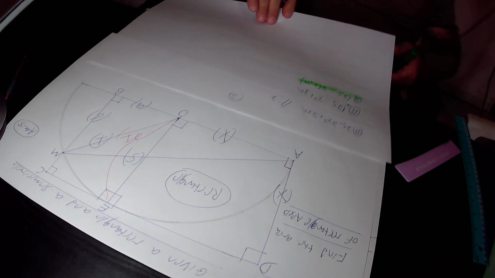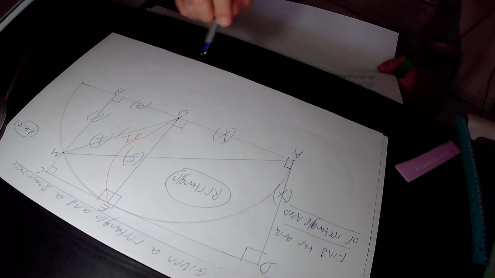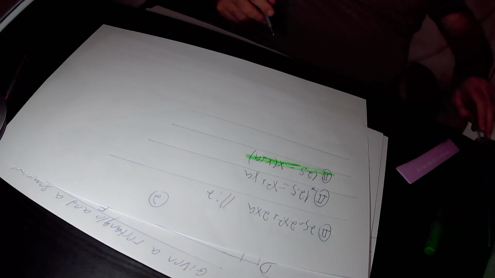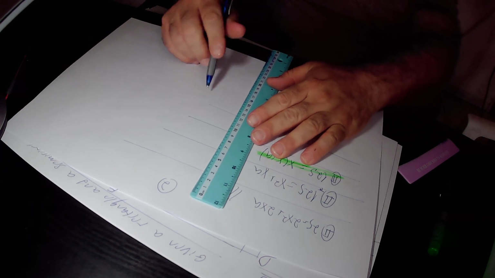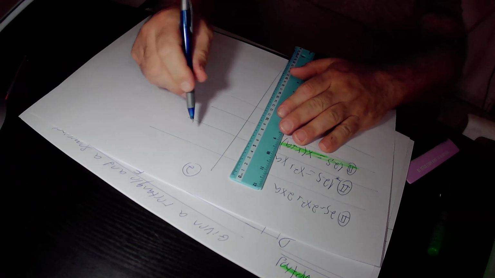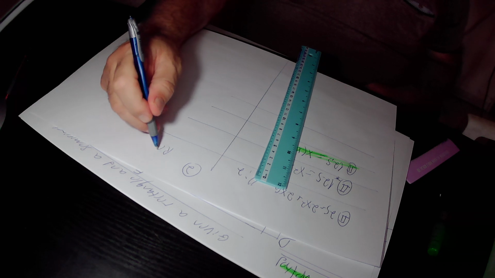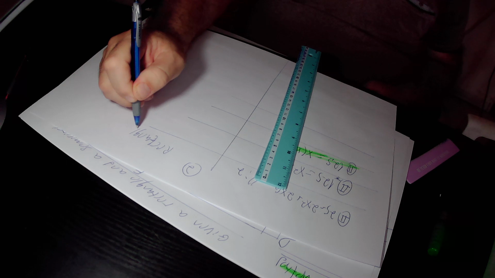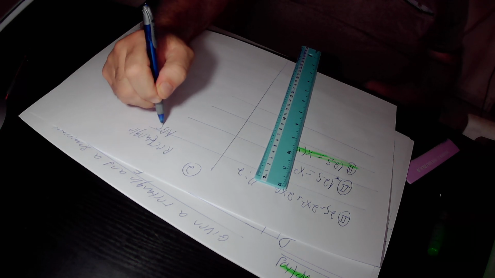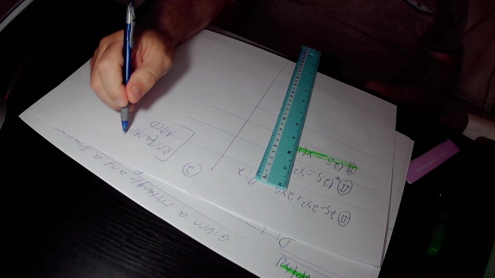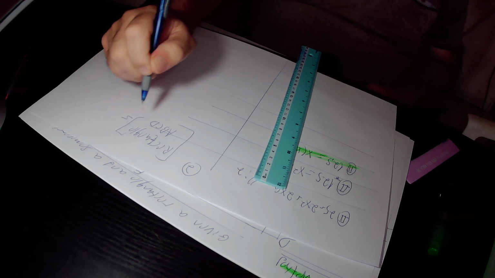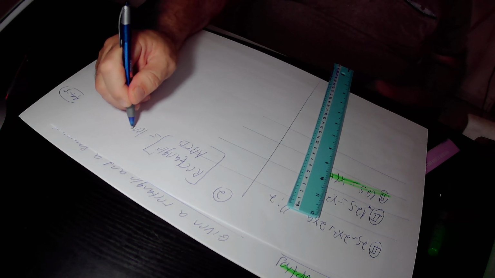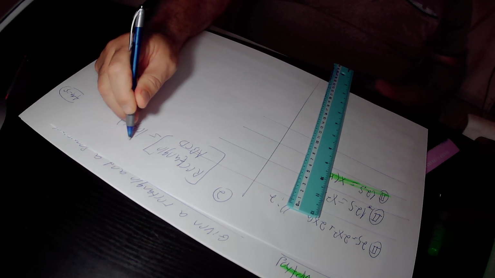Our mission is to find the area of this rectangle ABCD. We know that the area of any rectangle equals the length of the rectangle times the width.